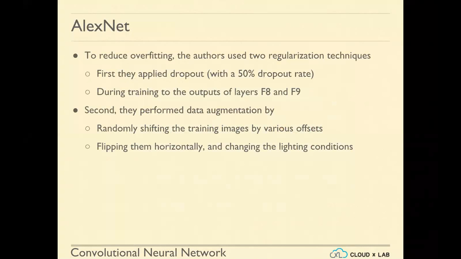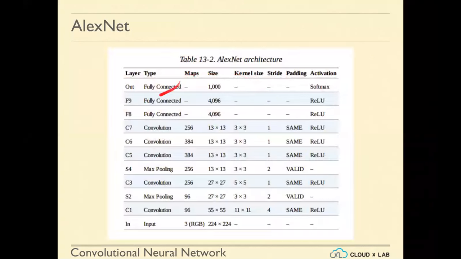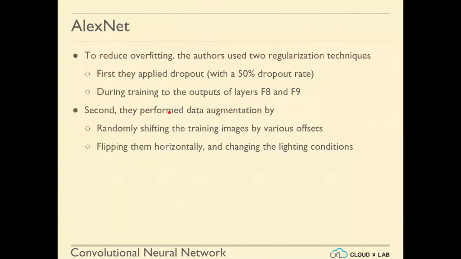First, they applied dropout with a 50% dropout rate during training to the outputs of the layers F8 and F9. And second, they performed data augmentation by randomly shifting the training images by various offsets, flipping them horizontally, and changing the lighting conditions.